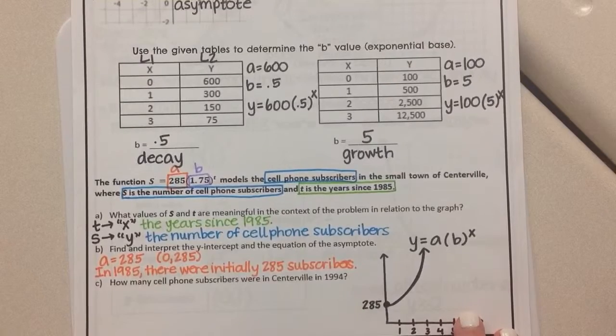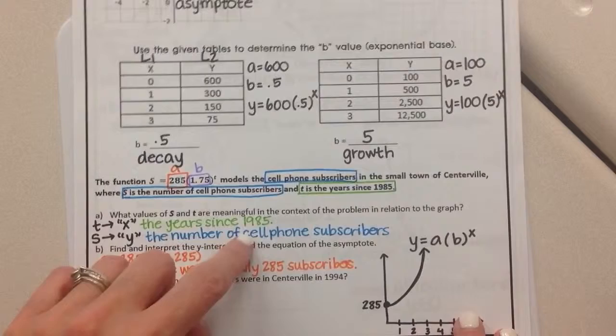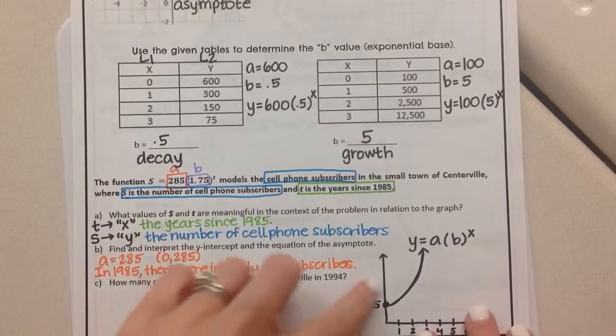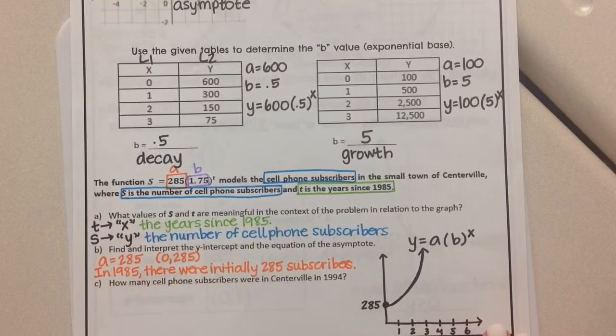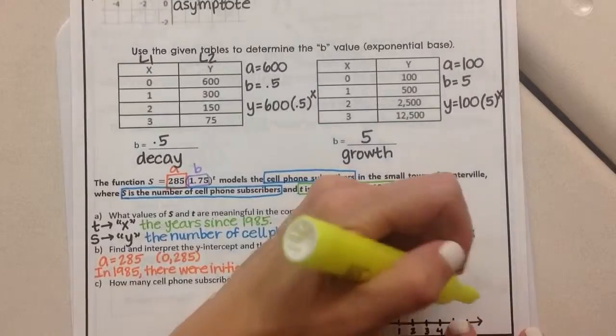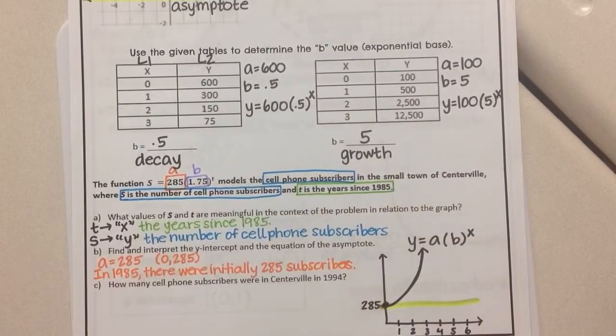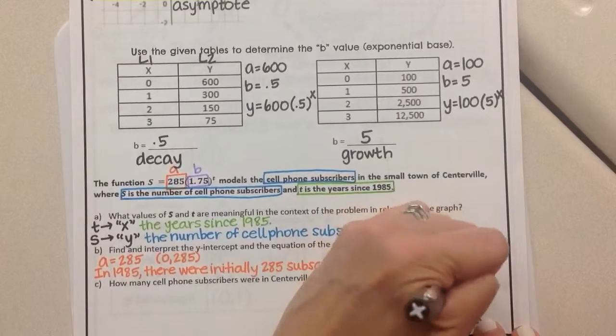Yes, that time existed, but it does not exist for us, because we didn't start tracking subscribers for cell phones until the year 1985. So we don't have any data before 1985 to use. So now this tells me that I actually have a horizontal asymptote, and the lowest that we'll ever get is right here at 285. There's my asymptote.